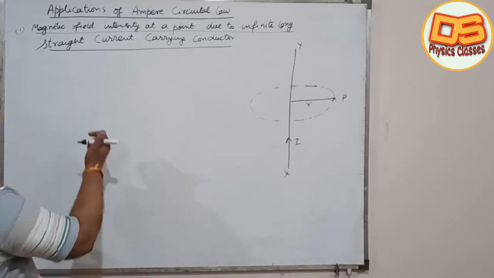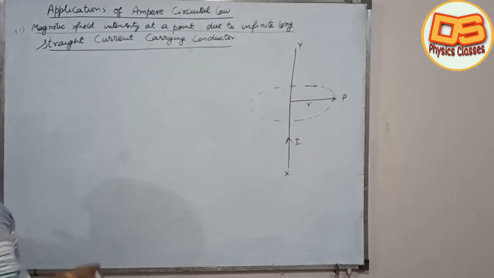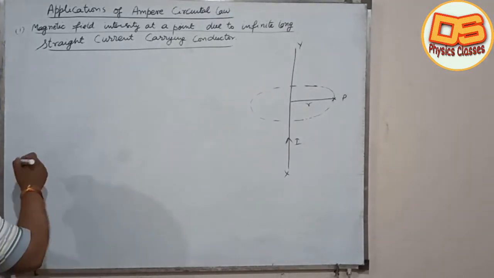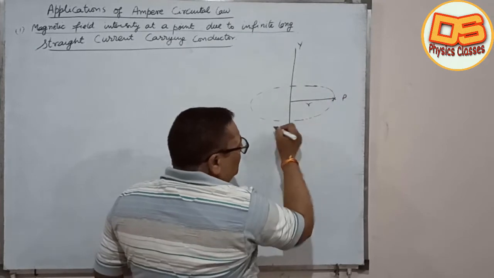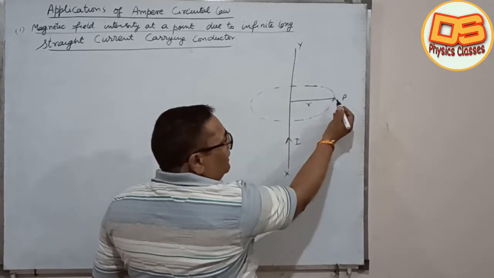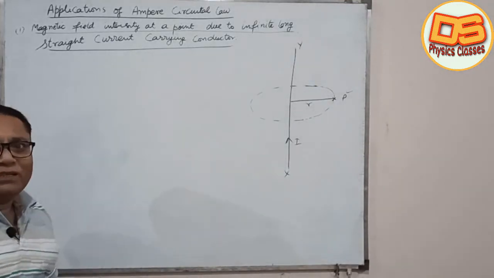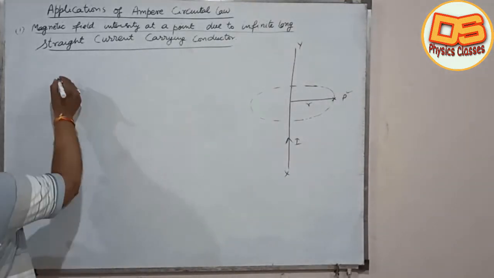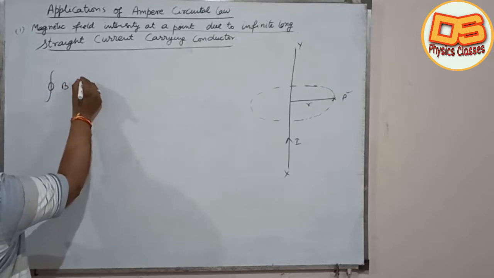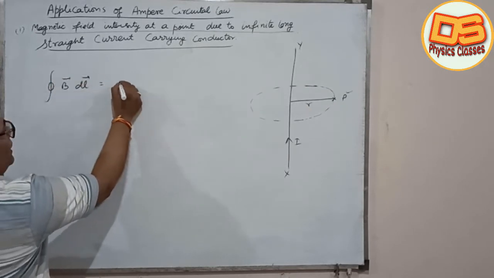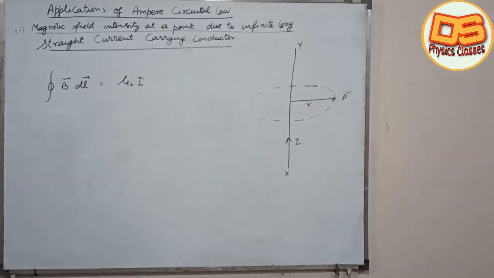First, according to Ampere's circuital law, we consider a circular loop of radius r in such a way that the point P lies on its circumference. Then closed integral of B dot dl is equal to mu 0 I. This is Ampere's circuital law.